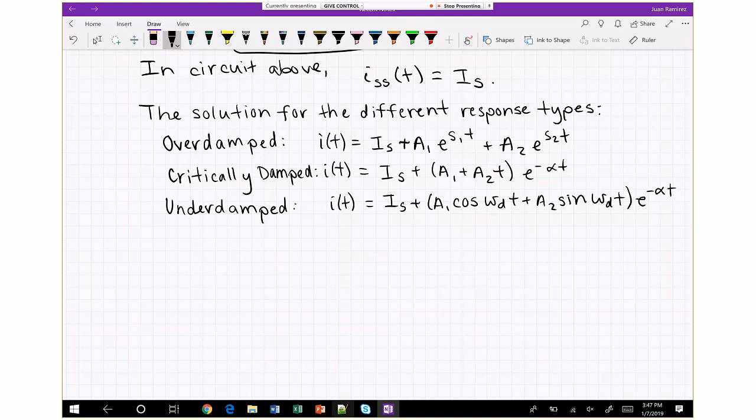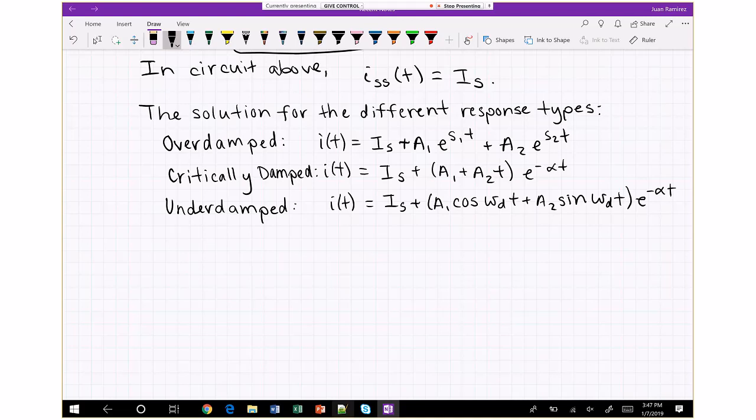So we've covered every type of value: capacitor voltage in a series RLC circuit, inductor current in a series RLC circuit, and capacitor voltage and inductor current for parallel RLC circuits.